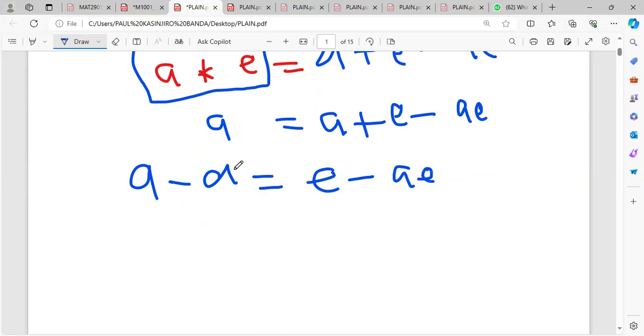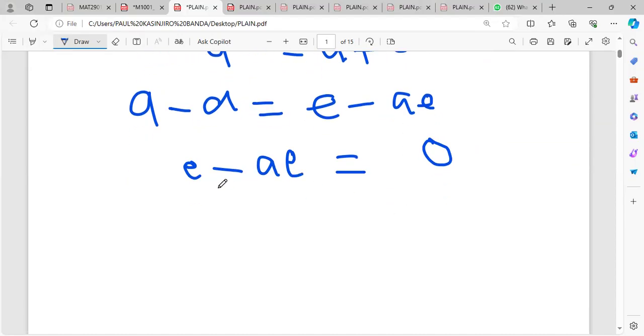And then we know that A minus A is going to give us 0. So this will be 0 is equal to whatever we have there. But let's write whatever we have on our right-hand side on the left. So E minus AE is equal to 0. Where is this 0 coming from? A minus A is 0, right?